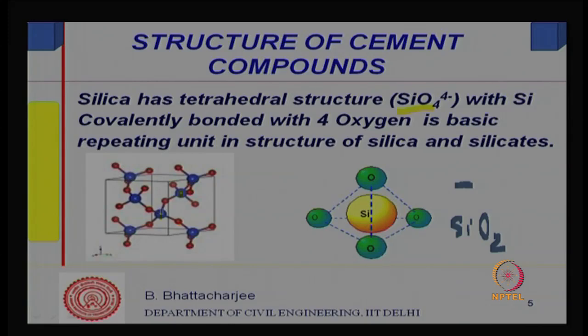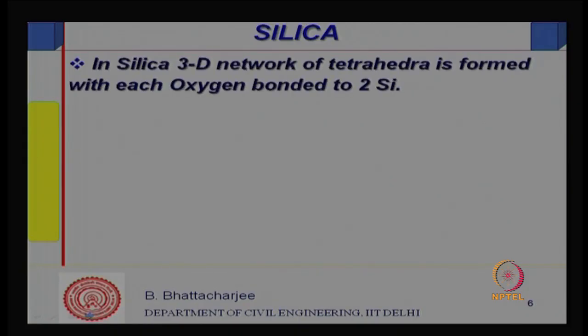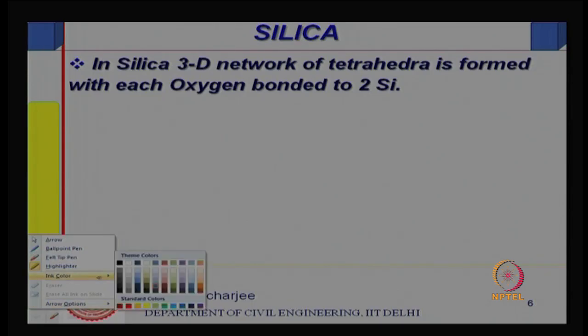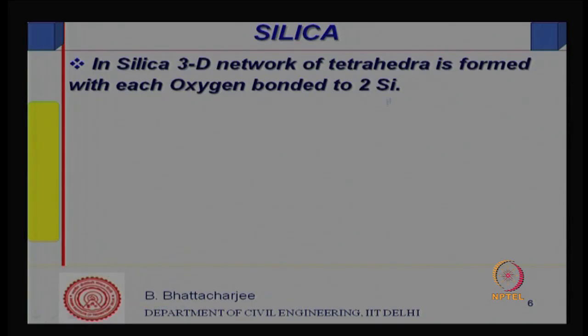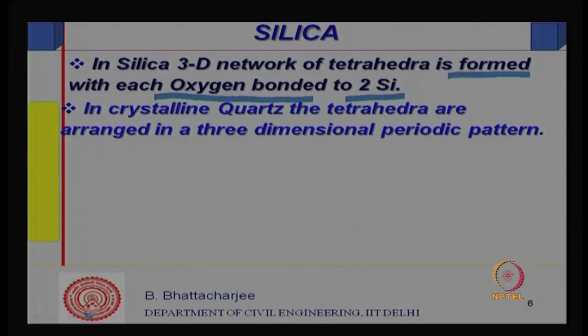This tetrahedra on repetition forms SiO2 or the compound silica. So, in silica it is a 3D network of tetrahedra formed with oxygen bonded to 2 Si. This is the SiO2 structure or silica structure.